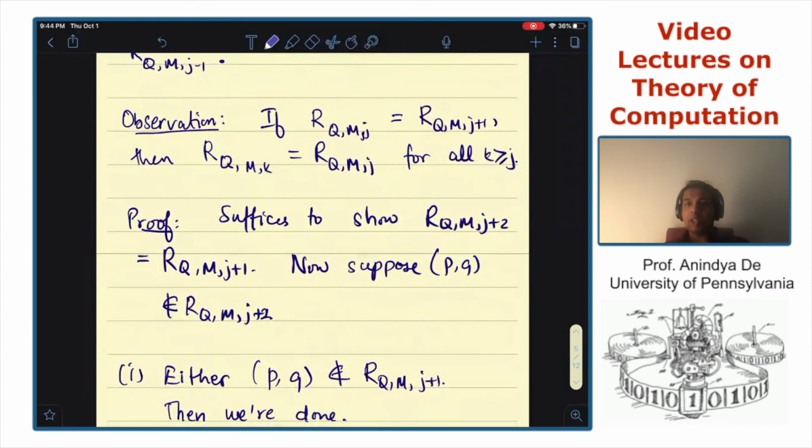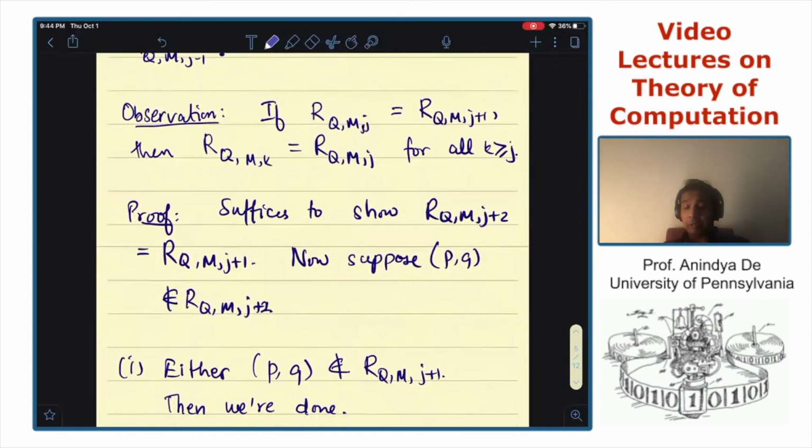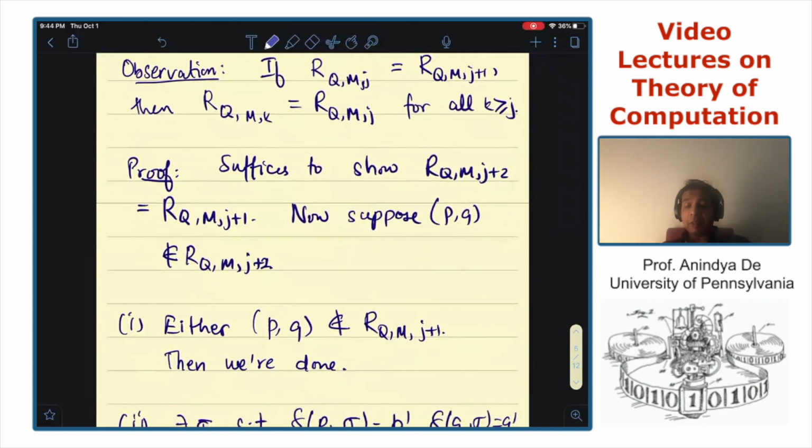Well, there are two possibilities by definition. Either p, q is also not in R_{Q,M,j+1}. Well, then this pair has the same status vis-a-vis the equivalence relations R_{Q,M,j+1} and R_{Q,M,j+2}. So then we are done.